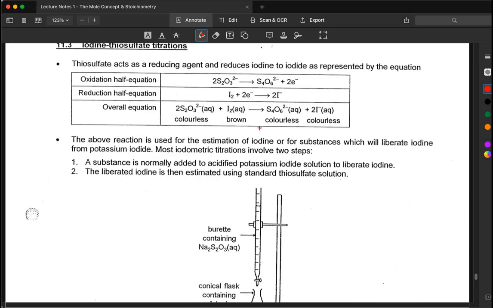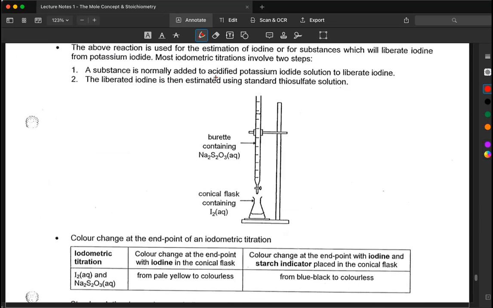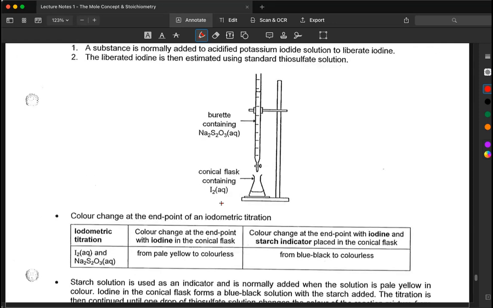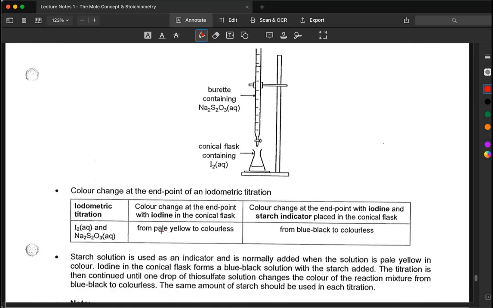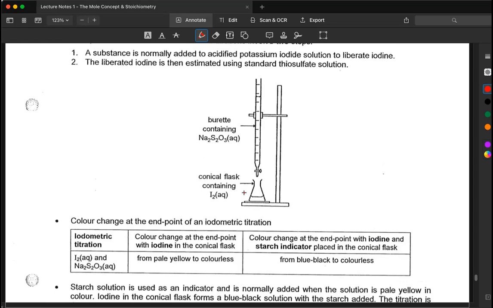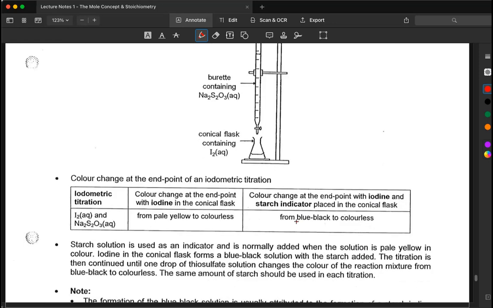Because the brown color is not so apparent, they add starch to form the blue starch iodine complex, so that the color change from blue-black to colorless is very obvious. It's called the iodometric titration. If you do not use the starch indicator, the change will just be pure yellow to colorless, which is very difficult to see. You must definitely add starch, but don't add too much.